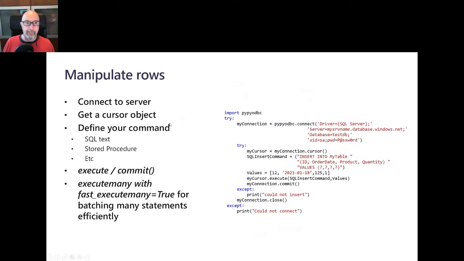Of course, we can also manipulate data in the database, right? So once we connect to the database, we can again get our cursor object, and then we can define our command. A command can contain T-SQL, so a SQL statement, or the name of a stored procedure or a view, and then we can pass all the parameters and execute.